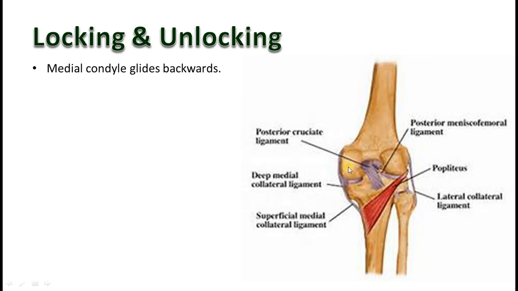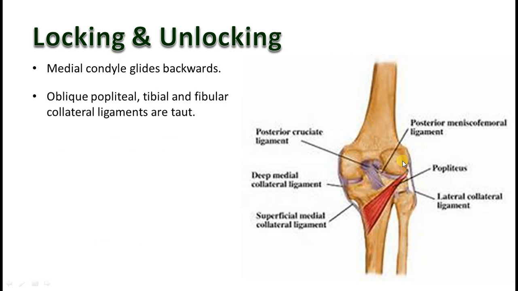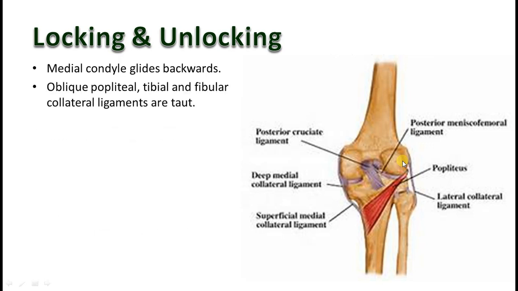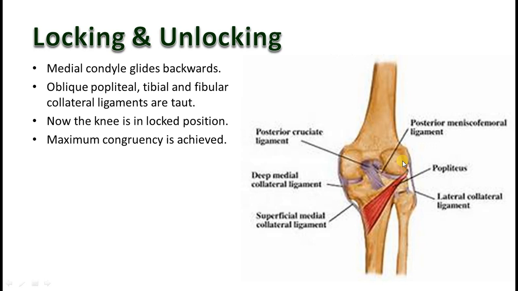So this medial condyle now glides backwards. Actually what happens is, even the lateral condyle is actually gliding. Now the gliding movement takes place, and now all the ligaments are taut and complete extension is achieved. So now it's full extent, screw home or lock movement.